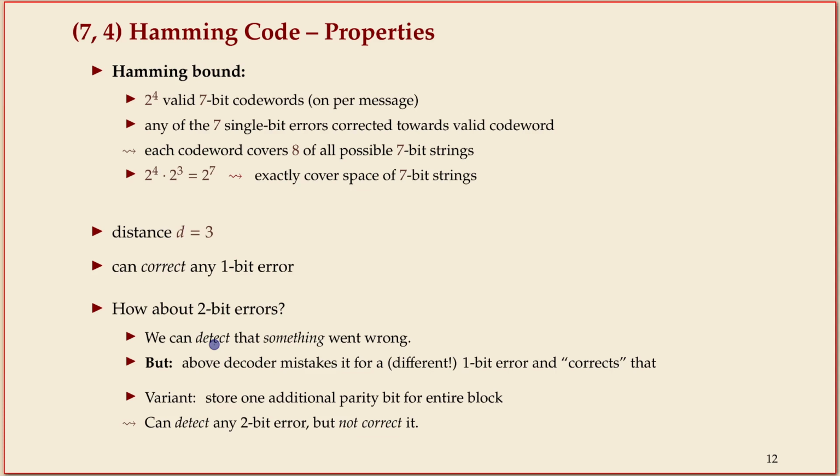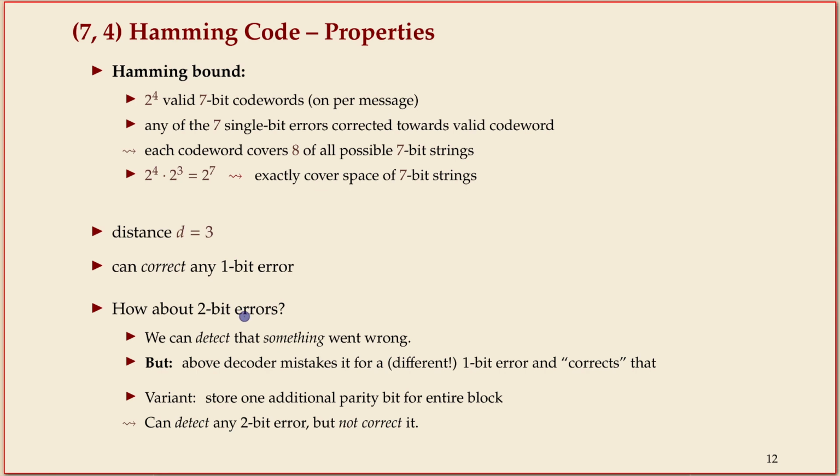But what actually happens is that our decoder happily decodes it to another source message, thinking that it is a 1-bit error. Because of this tightness, it means whenever you start at a code word and you flip 3 bits, you must end up with another code word because the whole space is covered. Or at least you must be in the ball of one other code word.